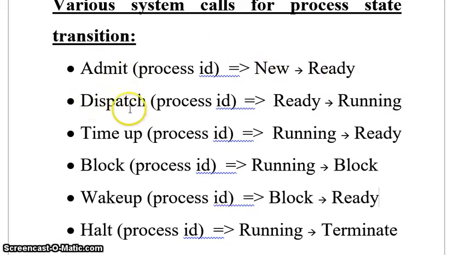The second one is dispatch process ID, which process is going from ready state to your running state. Next one is time up process ID, running state to your ready state. Block, it will be moving from running state to block state. Wake up, it will be moving from block to ready state. Halt, it will be moving from running to terminate state.